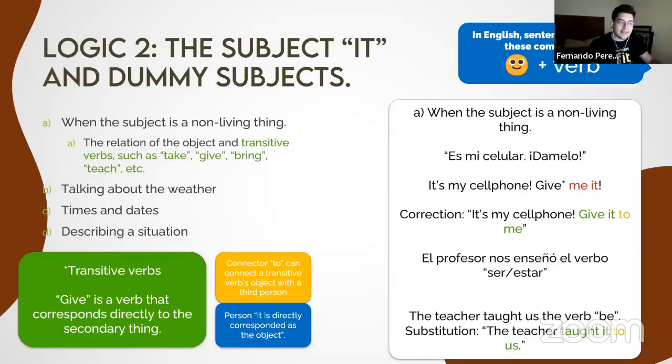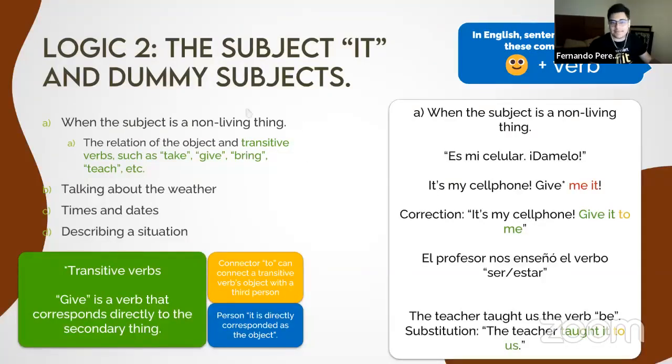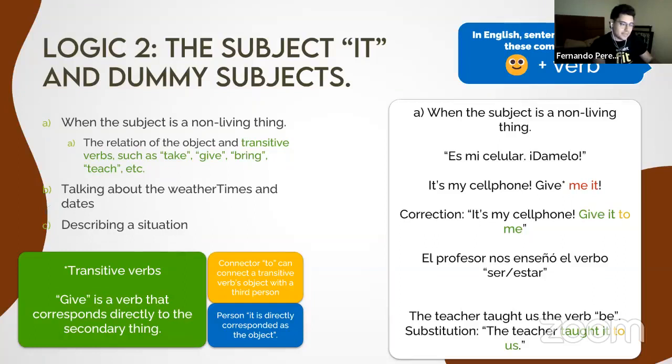That's the one. We are checking the relation between transitive verbs and the secondary person, it. And we still need to check the weather, time and dates, describing a situation. Okay, but we are going to talk about that. Actually, let's put this together.